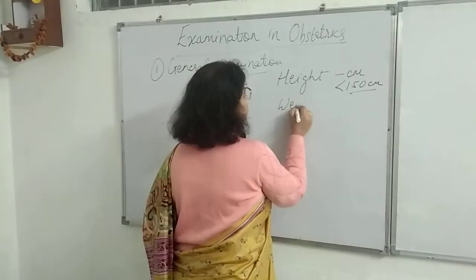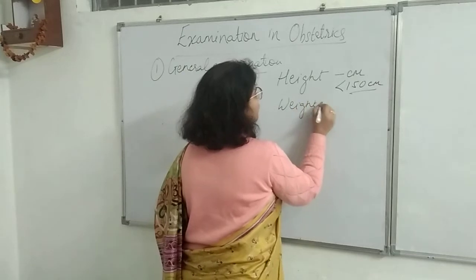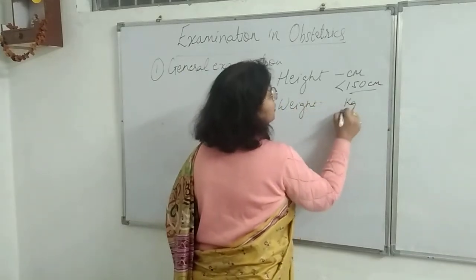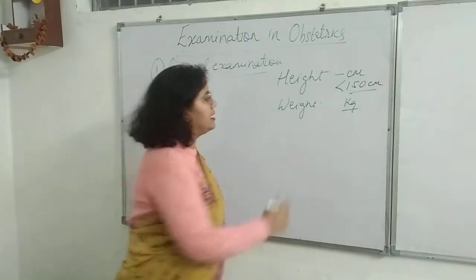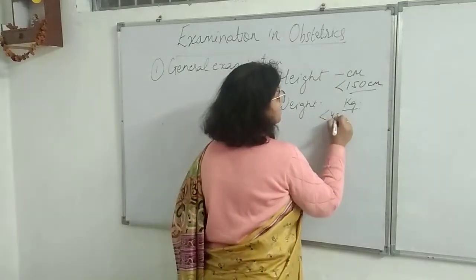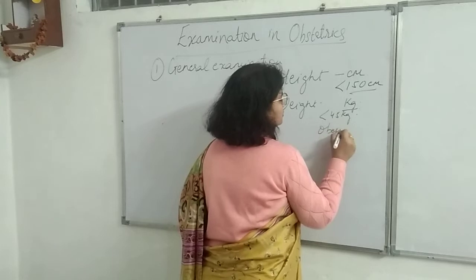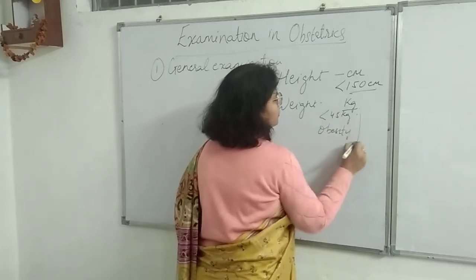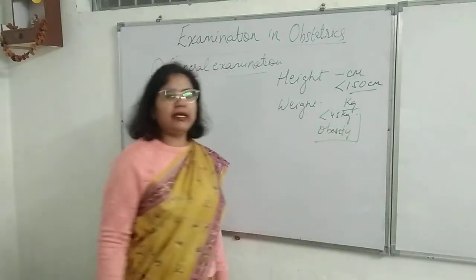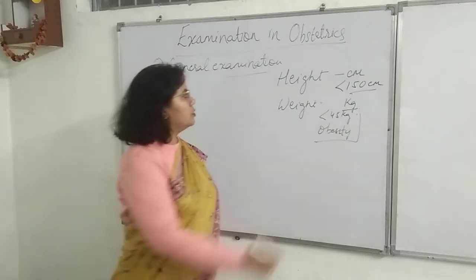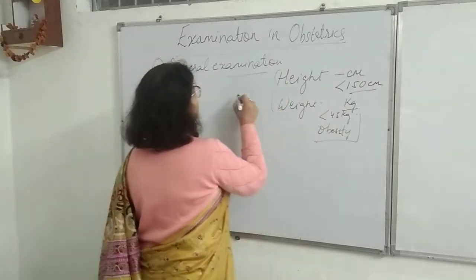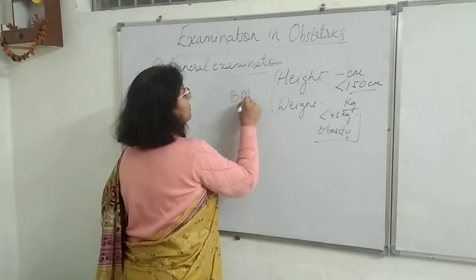Then weight. We will be taking in kilogram. If she is less than 45 kg or obese, it takes her to high risk category. So by taking her height and weight, we can calculate her BMI.